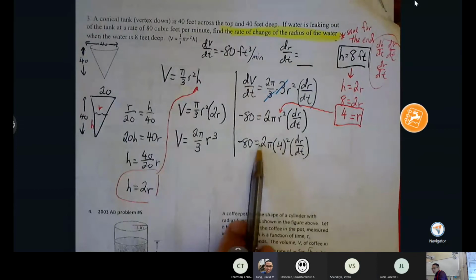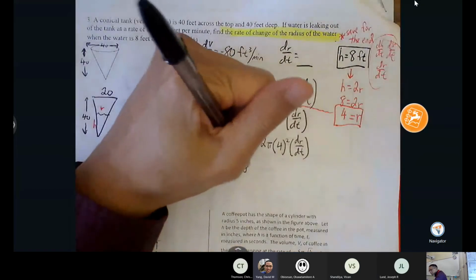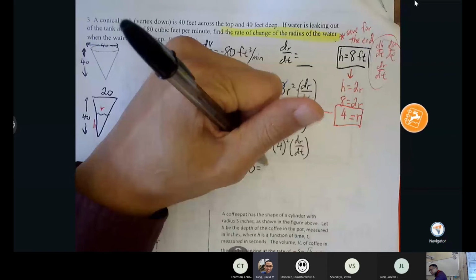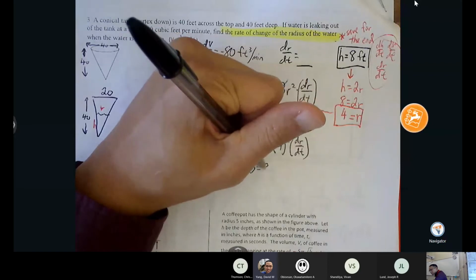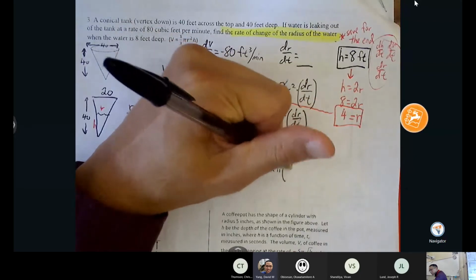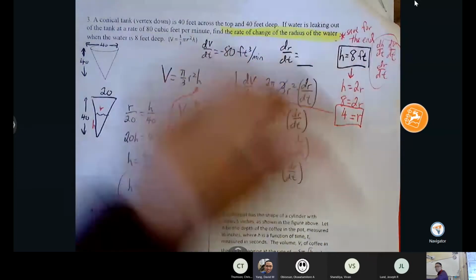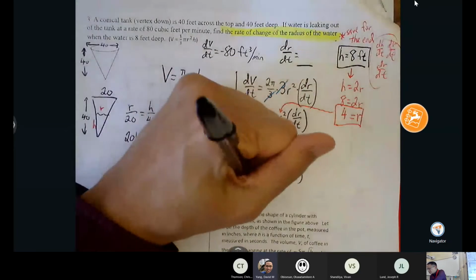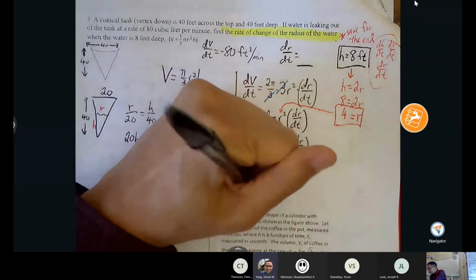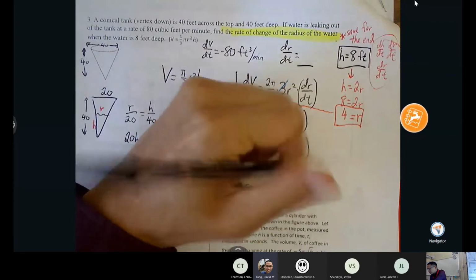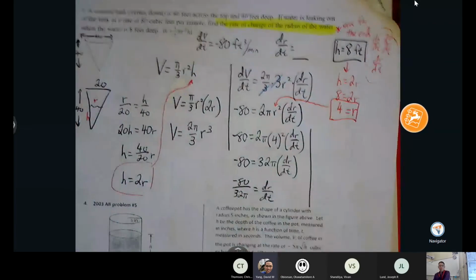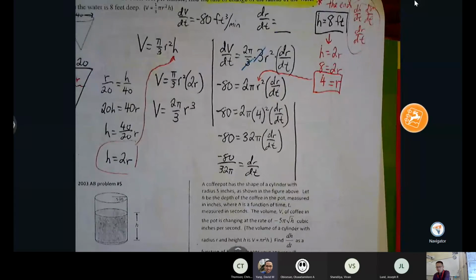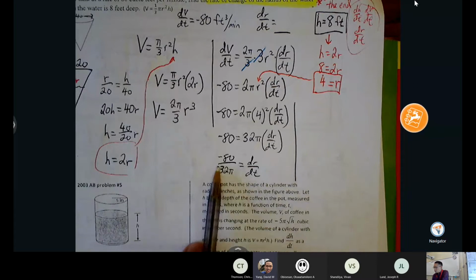Four squared is 16. 16 times 2 is 32. Okay, divide both sides by 32 pi. Reduce the fraction. I can take a 4, or more than that, right?